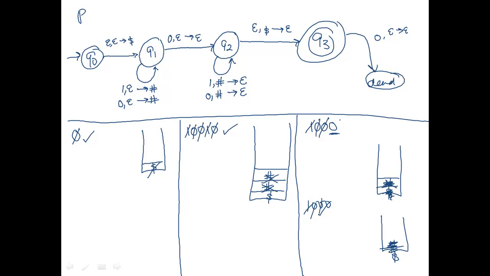All right, so now we're kind of convinced that this works, so let's give the formal definition of this machine. Let's remember that P is a PDA, and so its description looks like this. Okay, and let's define each of these.